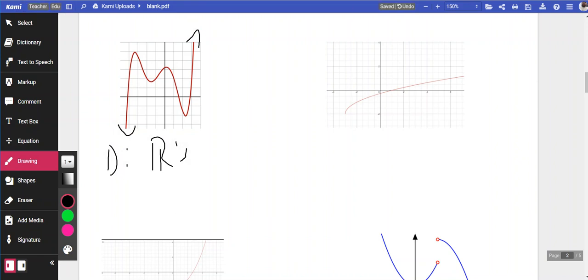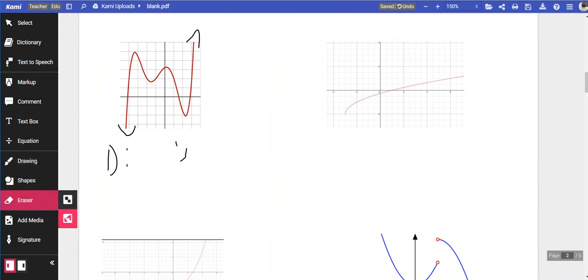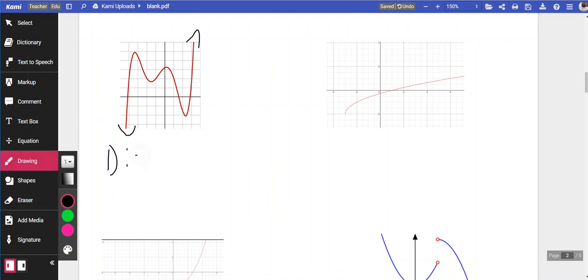Now the range. For the range, you want to think of the output. If I want to put this in set notation, then it would be x such that x is all reals.